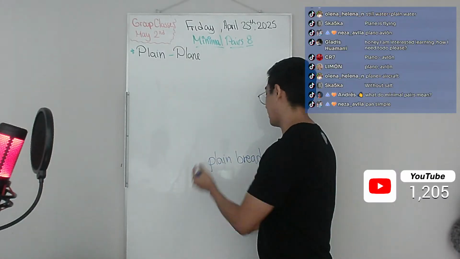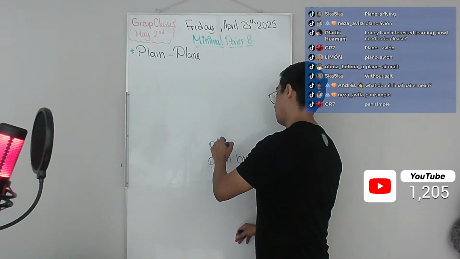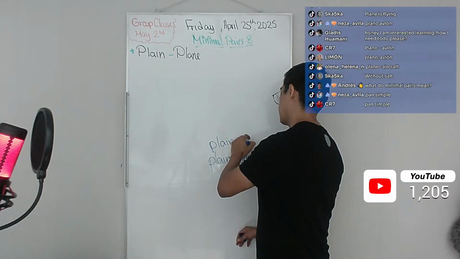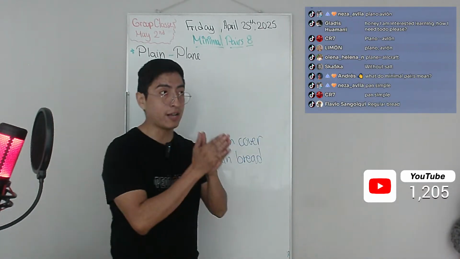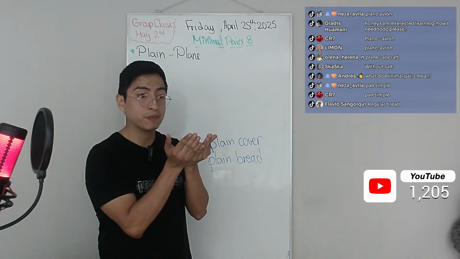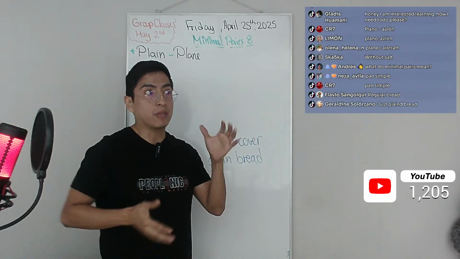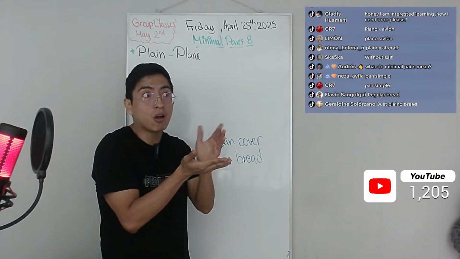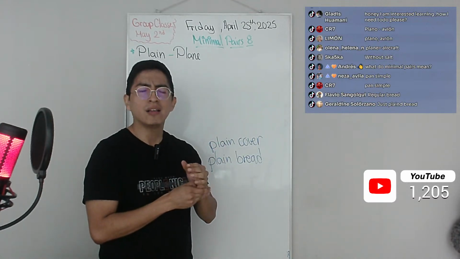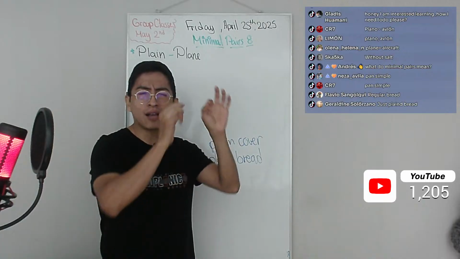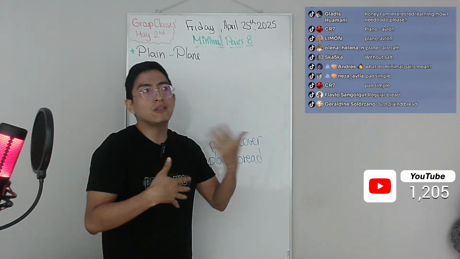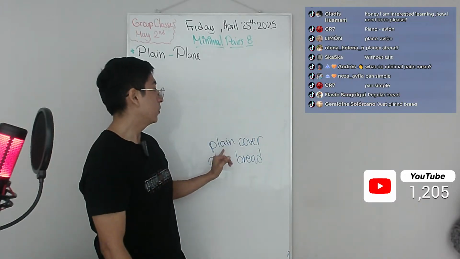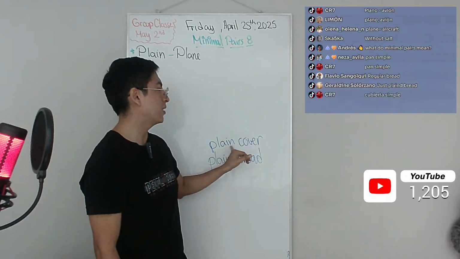In the other case, we can have, for example, a plain cover. If we have a book, maybe there are some covers that are well decorated. It has a lot of details, a lot of decorations, but what is the opposite? In this case, we can say that it has a plain cover.